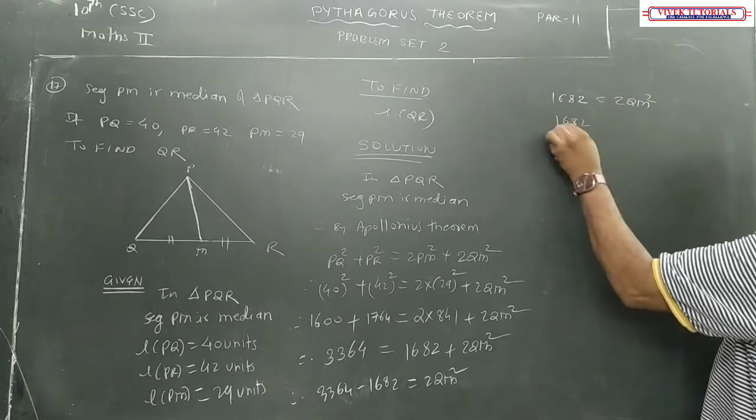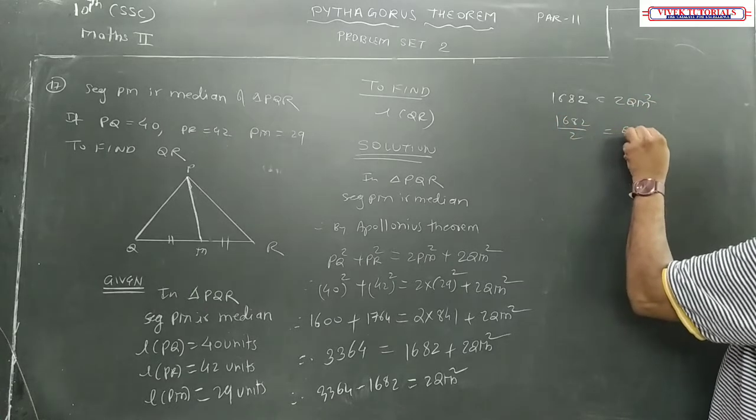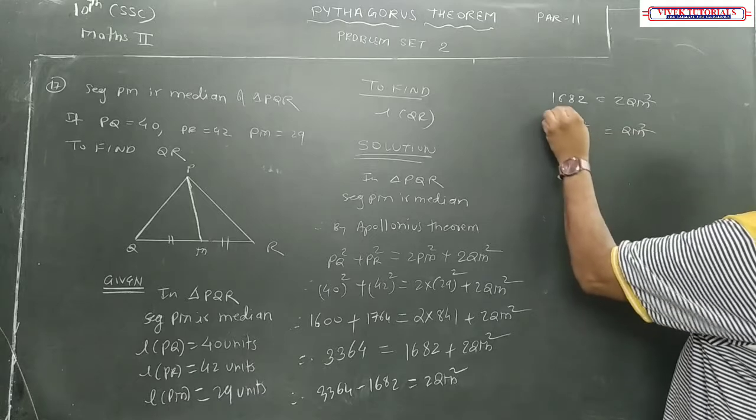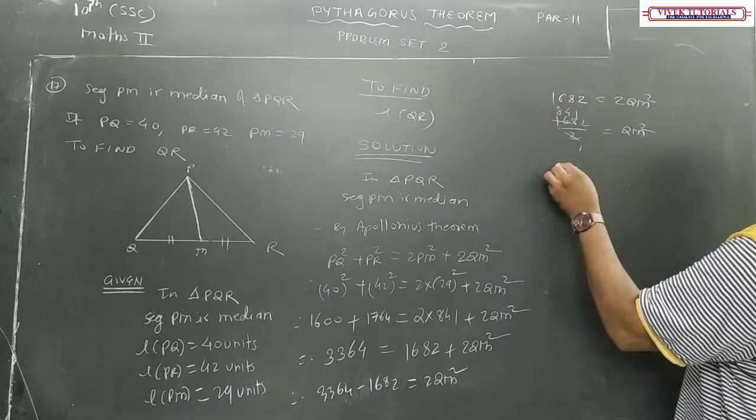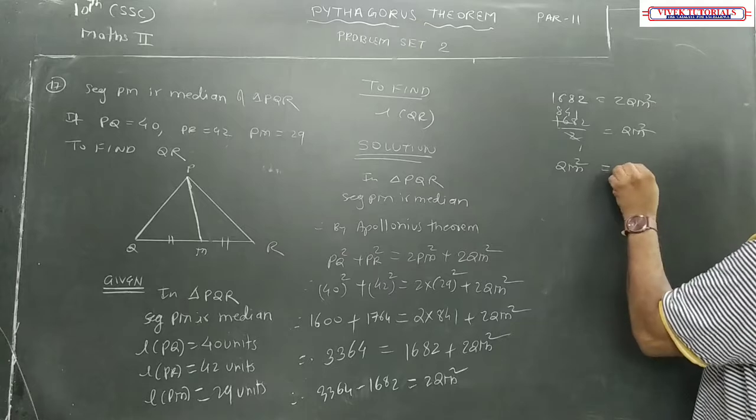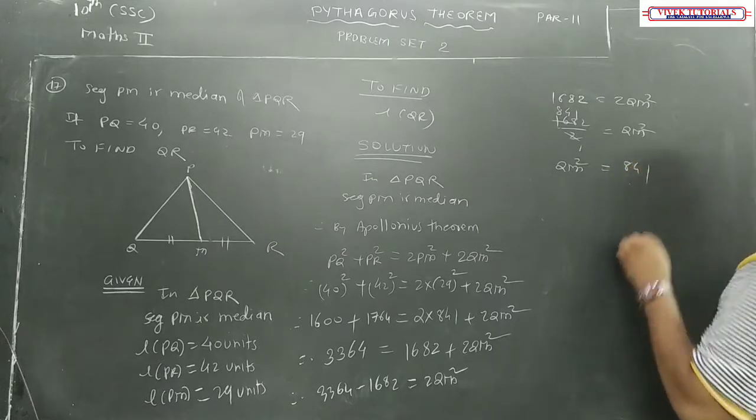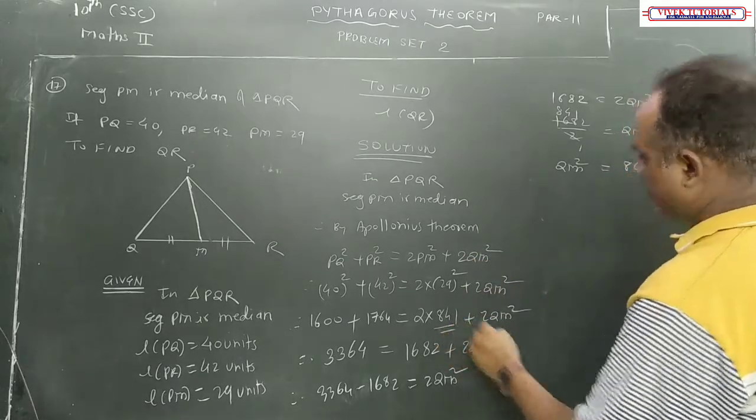So 1682 divided by 2 is equal to QM square. I am getting 841. Okay. So QM square is equal to 841. Look, here also 841 had come.